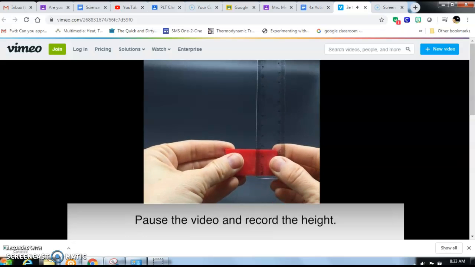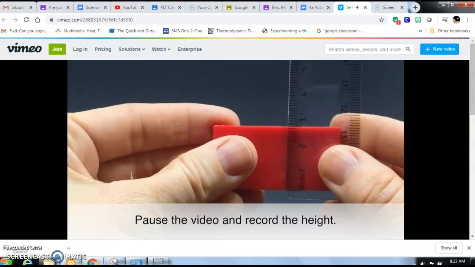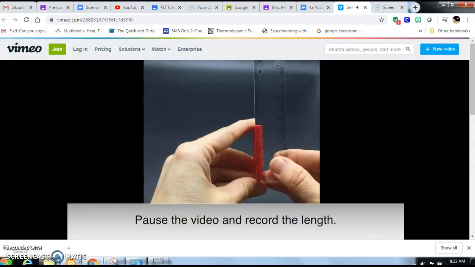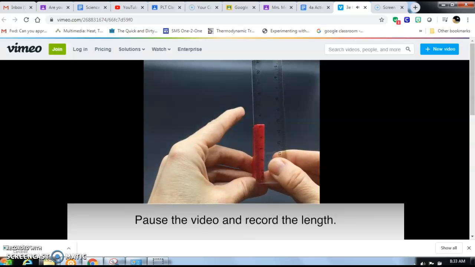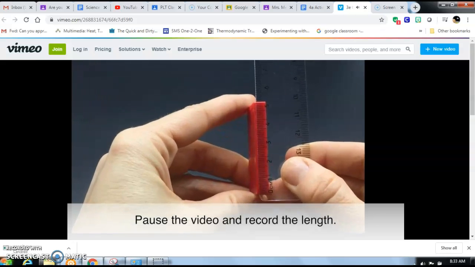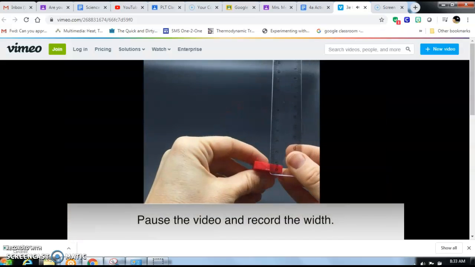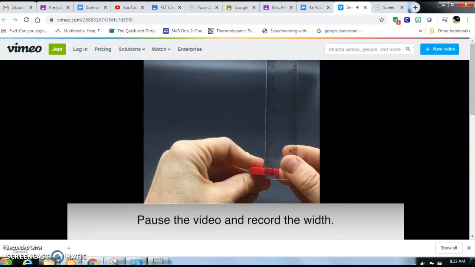High-density polyethylene plastic. Pause the video and record the height. Pause the video and record the length. Pause the video and record the width.